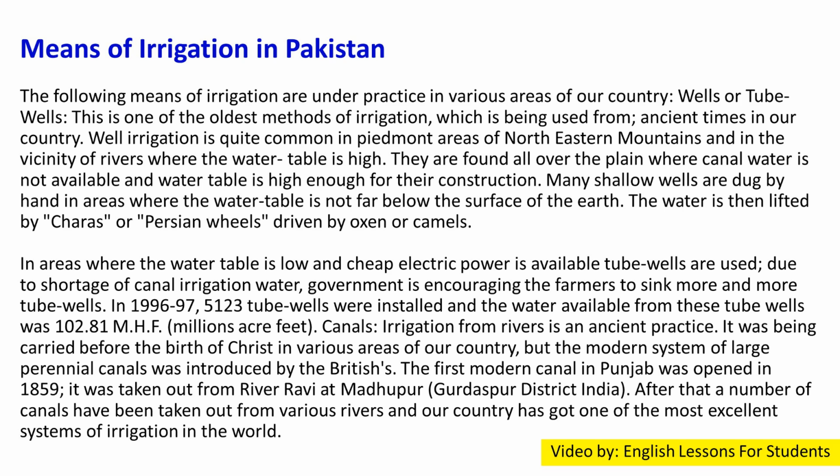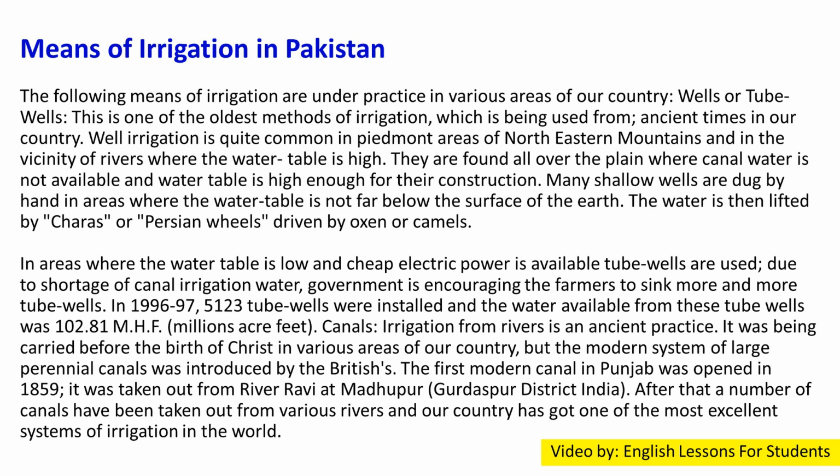Means of irrigation in Pakistan. The following means of irrigation are under practice in various areas of our country. Wells or tube wells. This is one of the oldest methods of irrigation, which has been used since ancient times in our country. Well irrigation is quite common in pediment areas of northeastern mountains and in the vicinity of rivers where the water table is high.